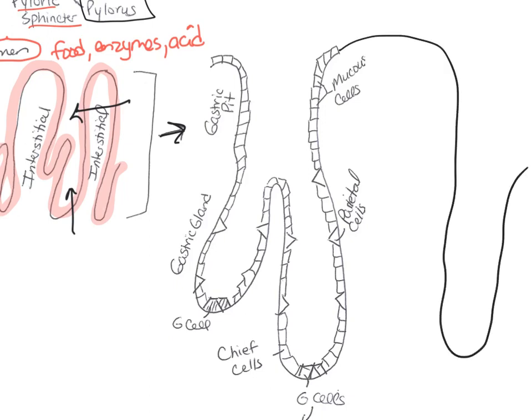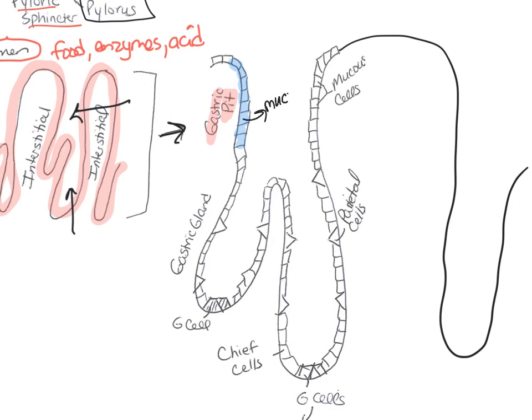All right, so let's look at the different cells that are lining the inside of the first part, which is called the gastric pit. So these cells are all mucus cells. Each one of these cells here are mucus, and so they're going to produce mucus.